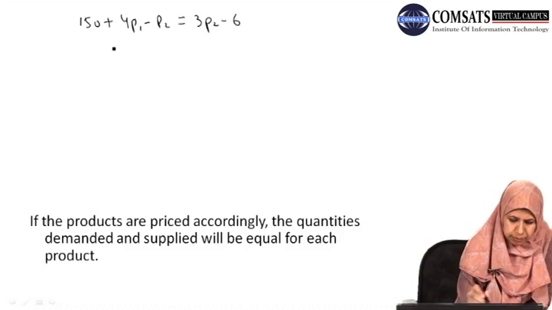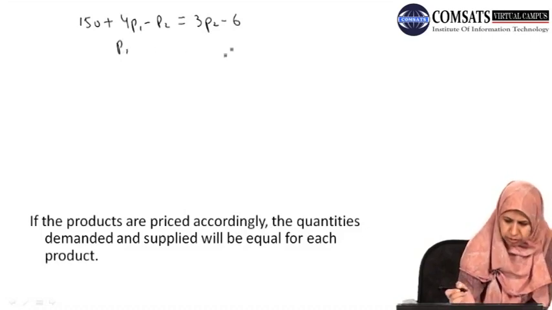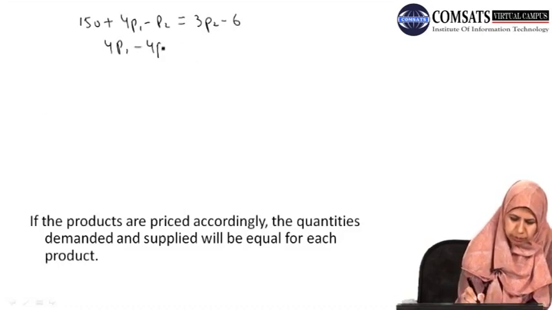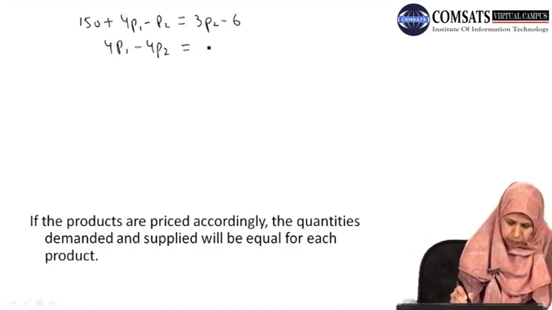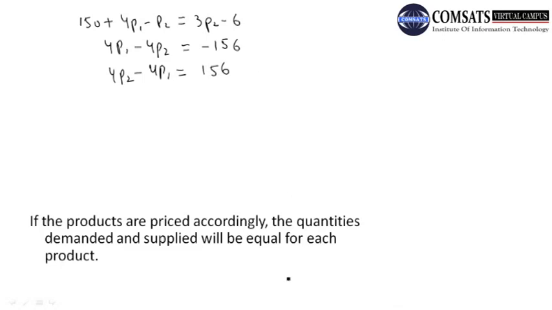Simplifying, we obtain 4P1 minus 4P2 equals minus 156, or 4P2 minus 4P1 equals 156.